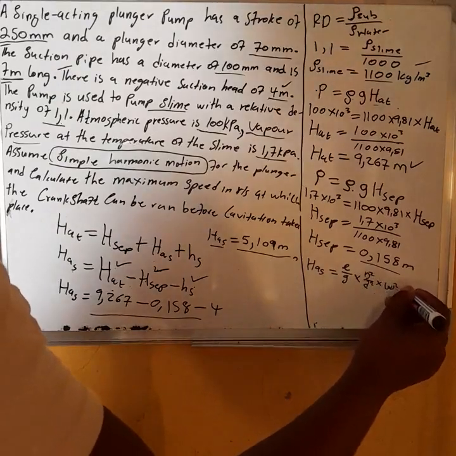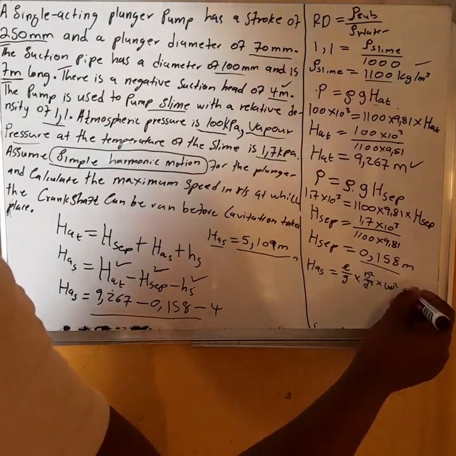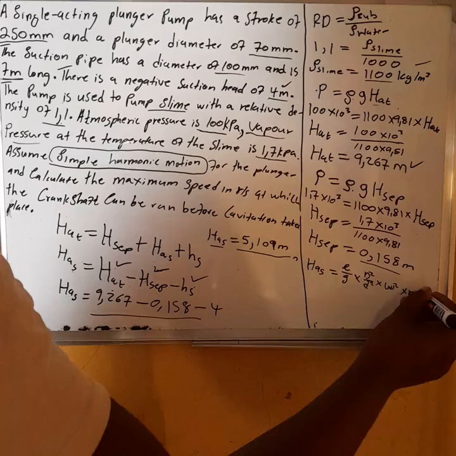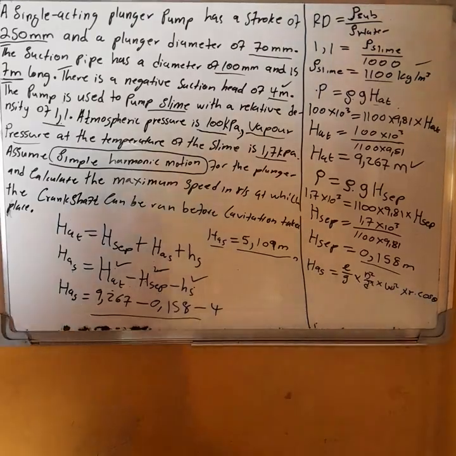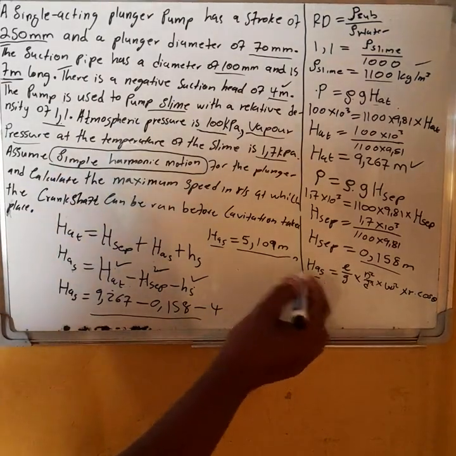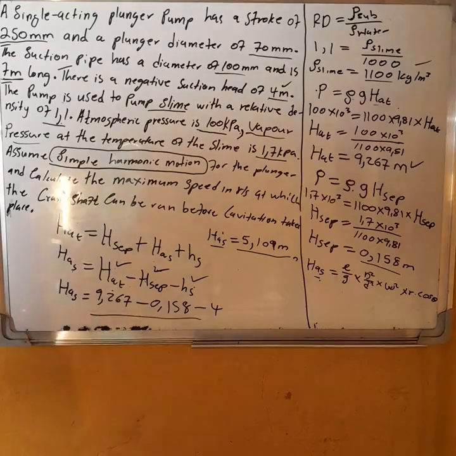Angular velocity squared will help us calculate the speed, multiplied by r multiplied by cos theta. So we have this part here, and we can replace that.